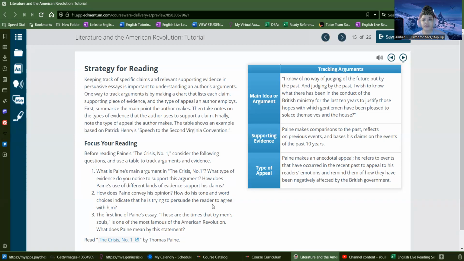Now, the assignments are going to ask you different questions about the information that's in this excerpt. I want to make it very clear that while I'm going over the information that's in the excerpt and translating it so that it's more easily understandable, I am not answering those questions for you.